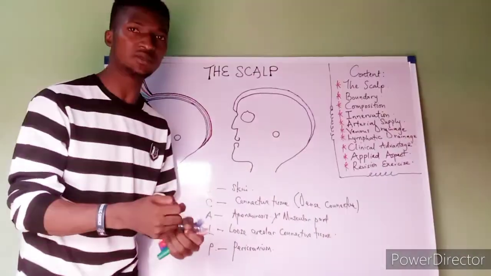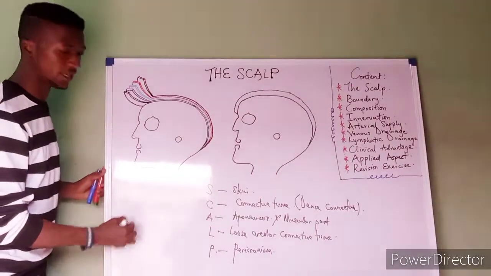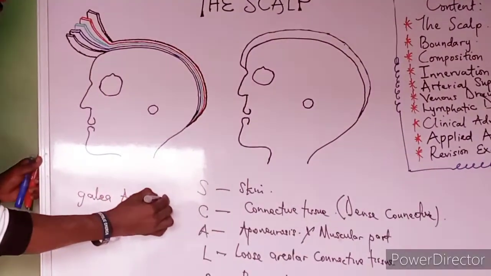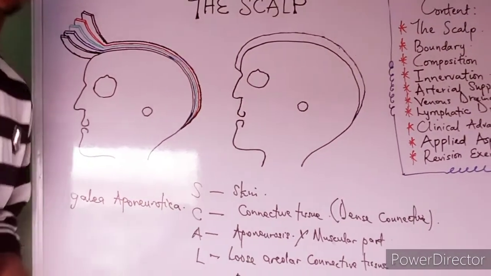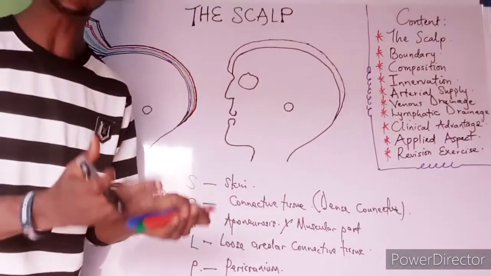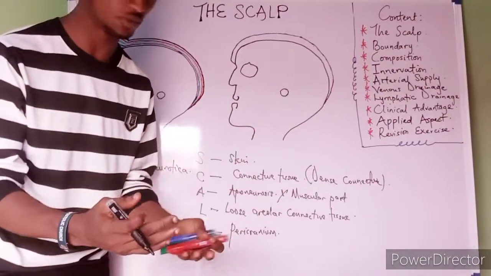The aponeurosis that we have here is called galea aponeurotica. What is an aponeurosis? Aponeurosis is a flat sheet extension of a muscle.